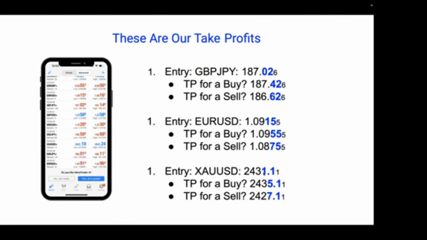So if this was to move 40 pips upwards, because we're in a buy market right now on gold, that's what we've been doing, we would see here that it go to 51. So 5.1, that would be 40 points. If this went from 2431 to 2445, that would be 140 pips, right?